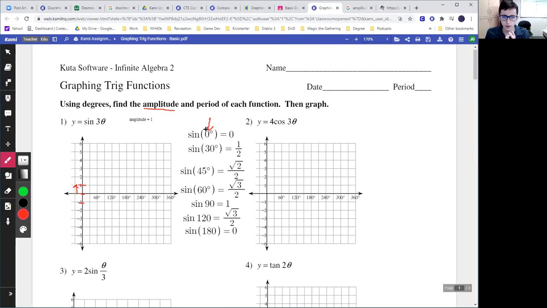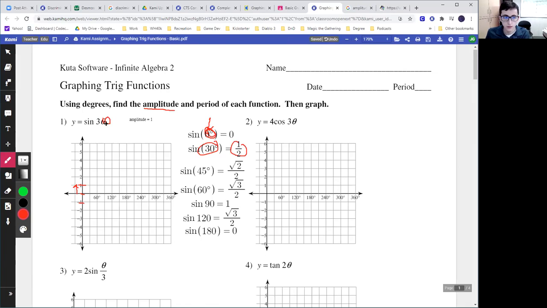So because of that, even though you're adjusting the input, if I put in a 10 for theta, then really it's sine of 30, but sine of 30 is still going to be 1/2.